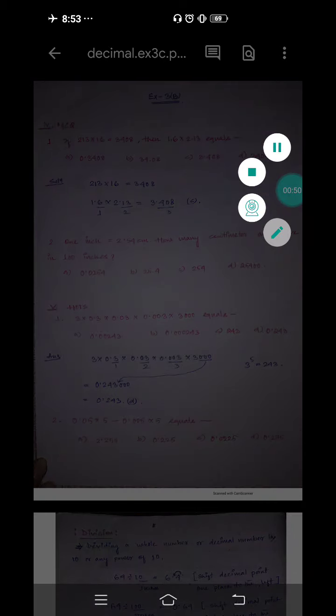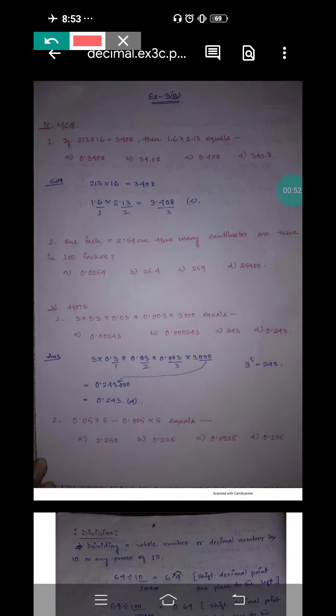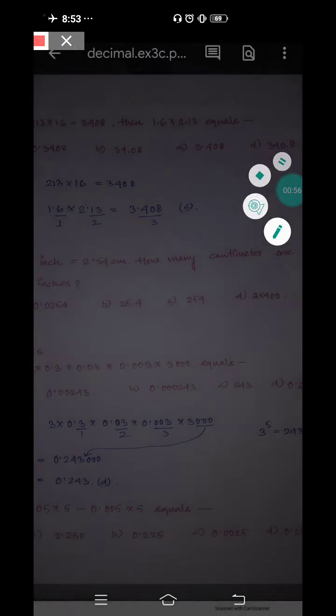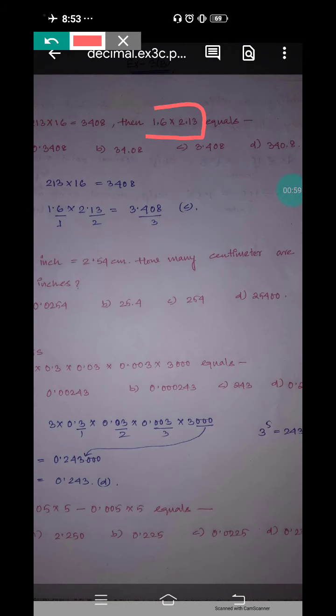After that a question is asked. First of all, the given multiplication 213 into 16 gives 3408. And the question is asked: 1.6 into 2.13 will be how much?